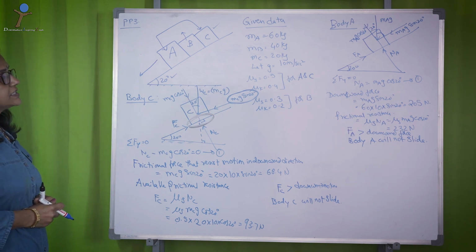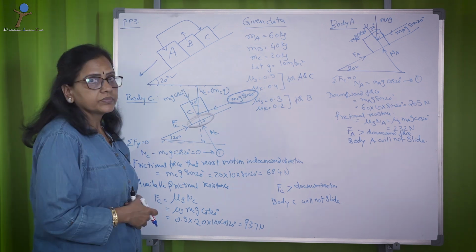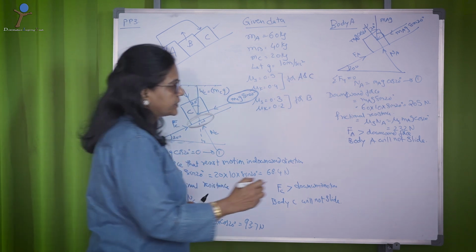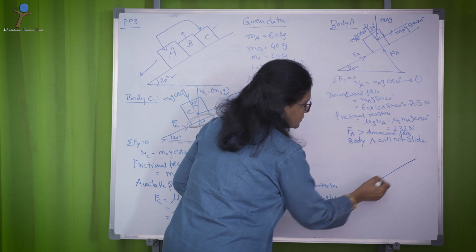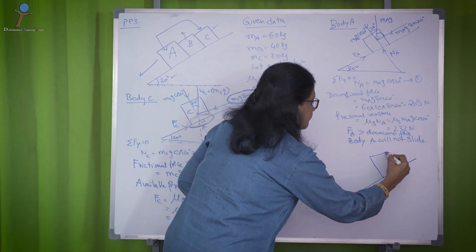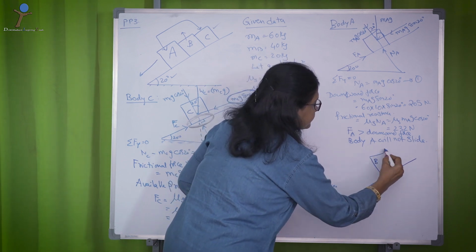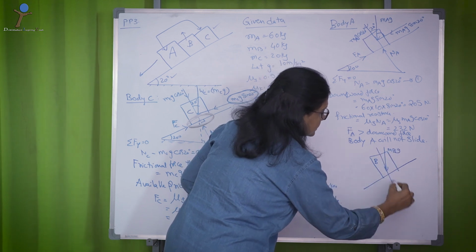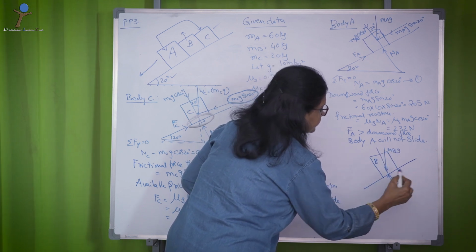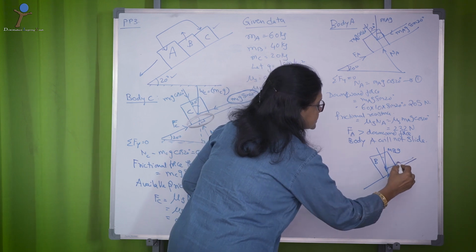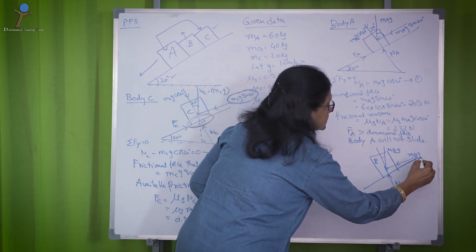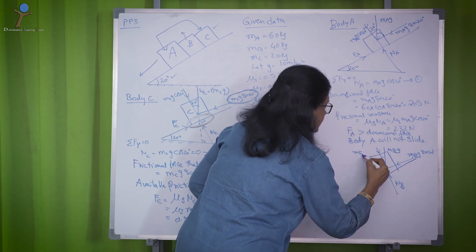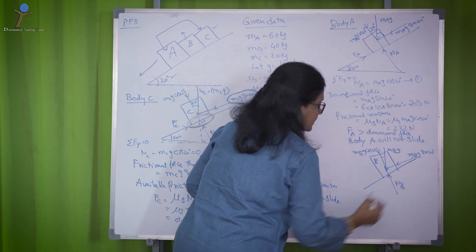Now, the next aspect is about C. The similar exercise has to be done for body B. This is body B, MB G, NB, and you resolve this: MBG sin 20, MBG cos 20, right.